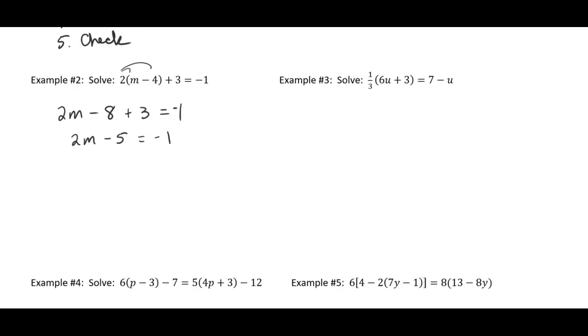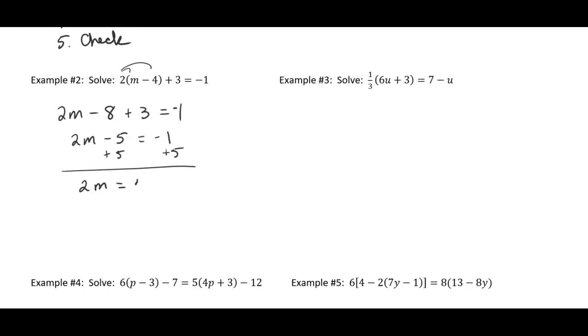Now we're allowed to add any real number to both sides. And so we don't want that -5 there on the left. We want it on the other side. So what we're going to do is add 5 to both sides. Sometimes students like to write it this way. I've seen it written other ways, but this is one way you could write it. So you get 2m equals, now you've got to combine -1 and 5.